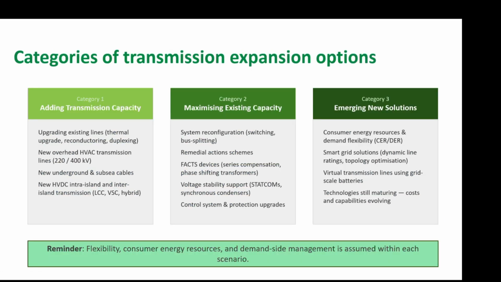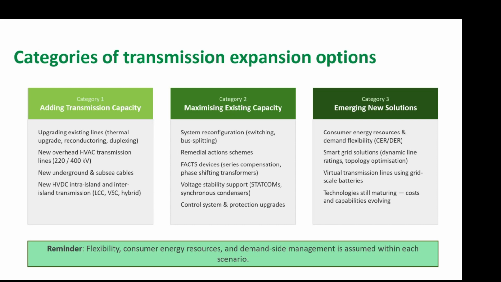Thanks, Tanya. So when we think about transmission expansion, and the options around that, we find it useful to group the options into these 3 broad buckets. Together, they capture the full range of levers we have, but each bucket plays a very different role in how the system evolves. Bucket 1, category 1, is adding transmission capacity.